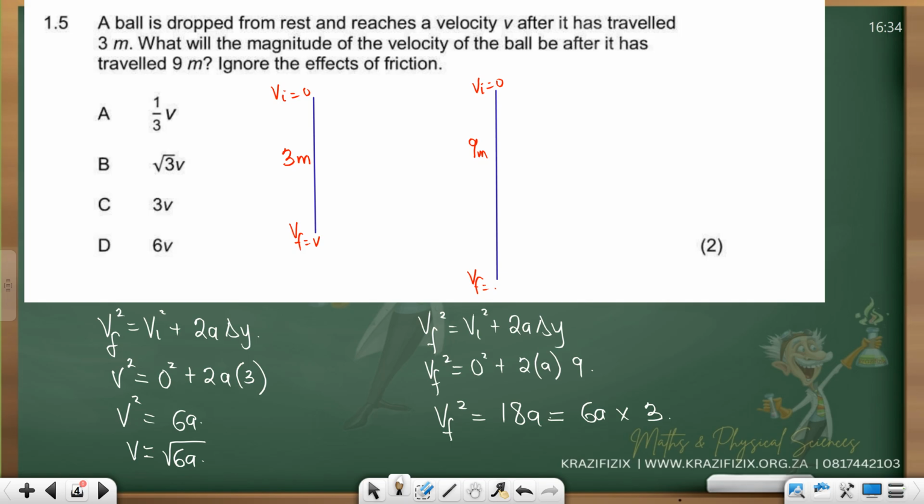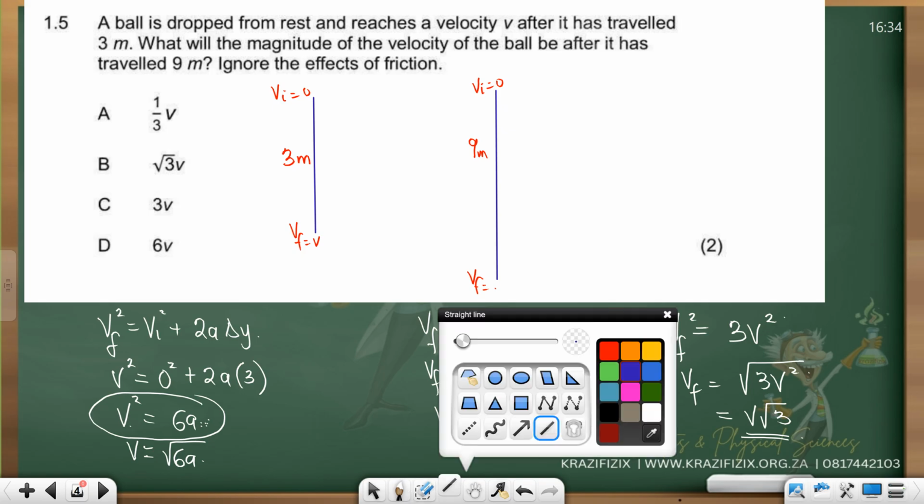Why 6A? I want to bring this guy in. What is 6A? 6A is V squared. So the final velocity squared, instead of writing 6A, is 3V squared. Now let's look for the square root of that, of 3V squared. The square root of V squared is V, so we have V root 3.